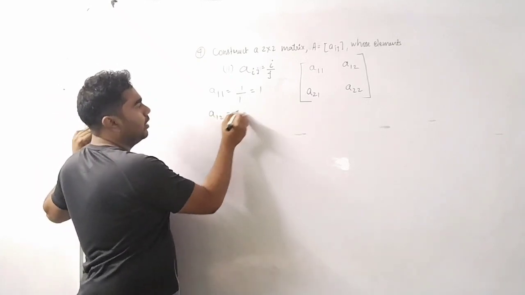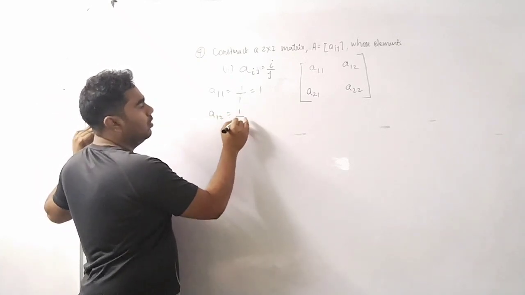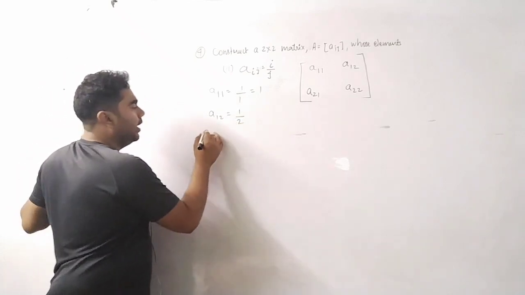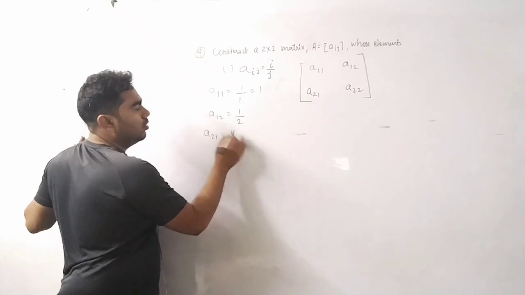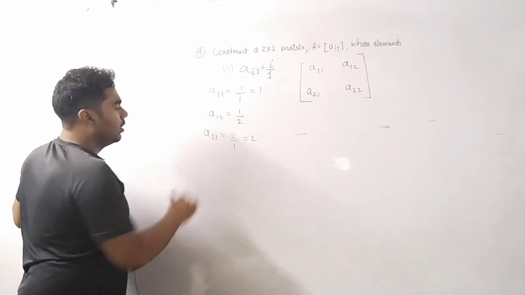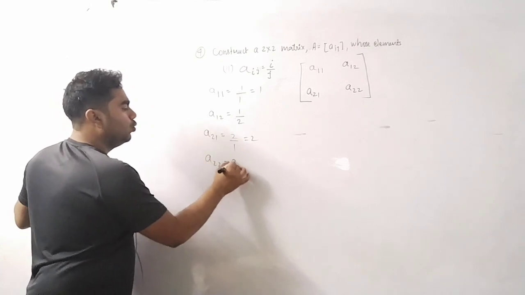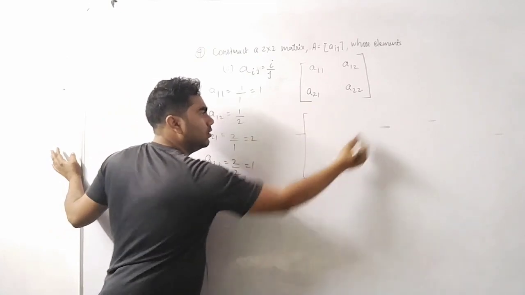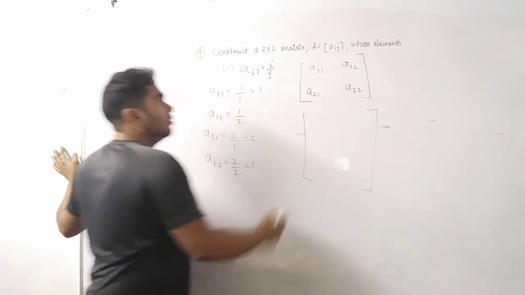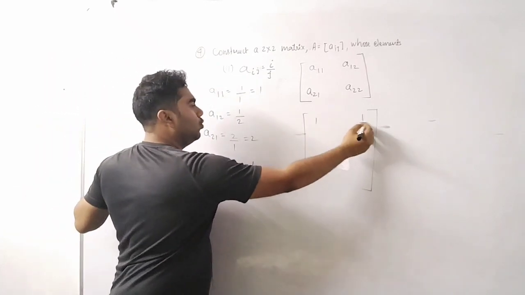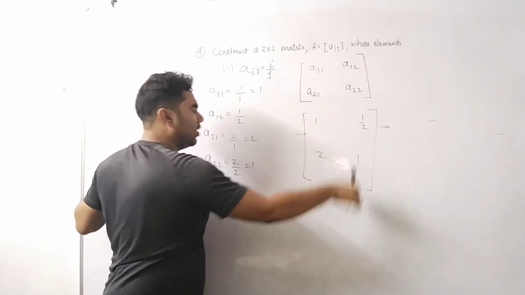A12: 1 upon 2, which implies 1/2. A21: 2 upon 1 gives 2. A22: 2 upon 2 is 1. We get the matrix 1, 1/2, 2, 1.